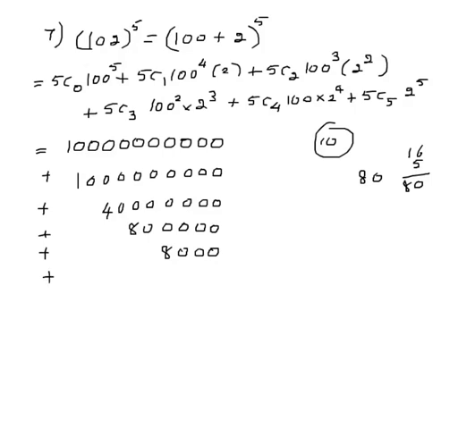And the last term 5c5 is 1 and 2 power 5 is 32. Let us add these values. It is 2, 3, 0, 8, 0, 8, 0, 4, 0, 1 and 1. This is the answer.